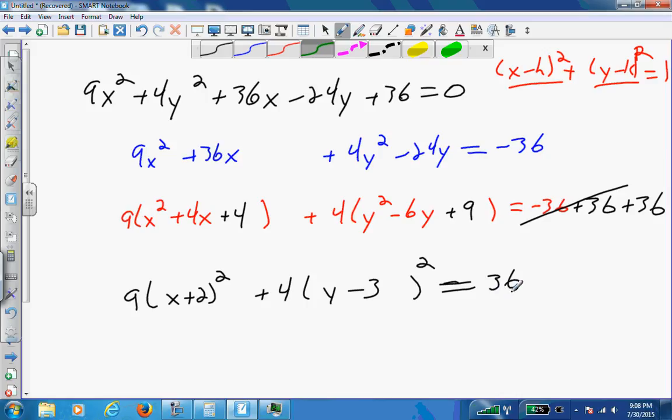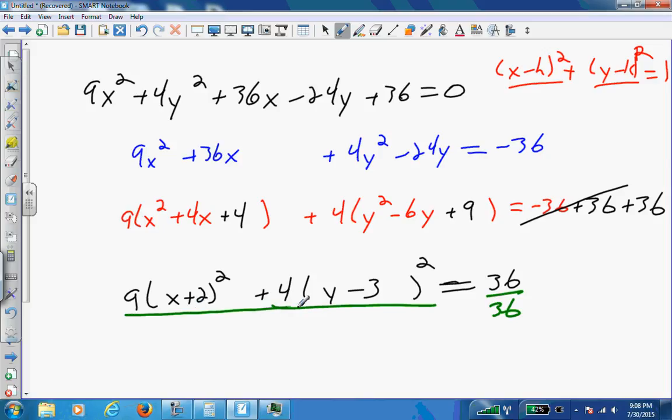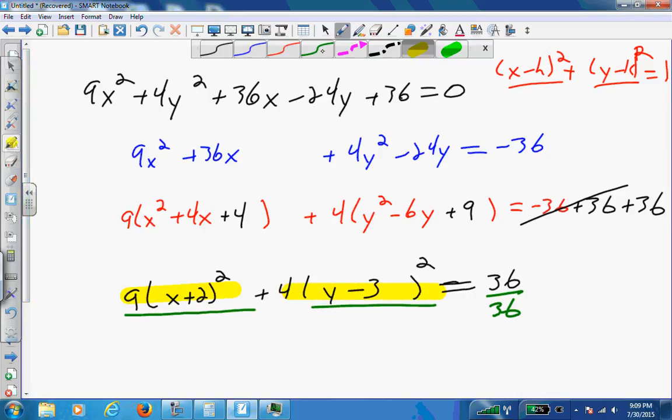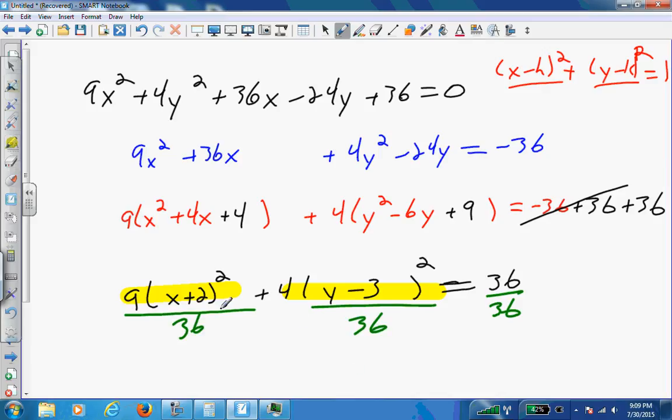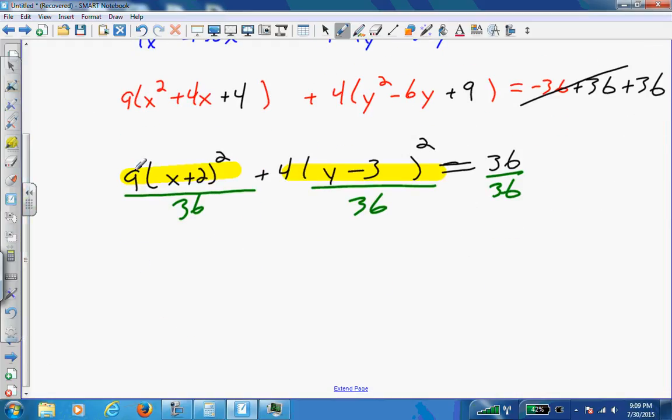Now we have to have a 1 on this side, so to make that a 1, divide both sides by 36. And if we divide the right side by 36 and we have 2 terms, keep in mind we can actually divide each individual term by 36. So dividing the whole thing or each term by 36 is equivalent.